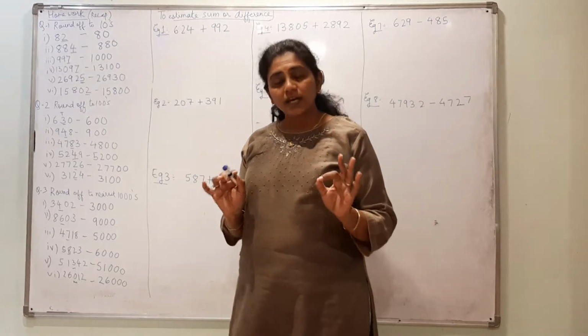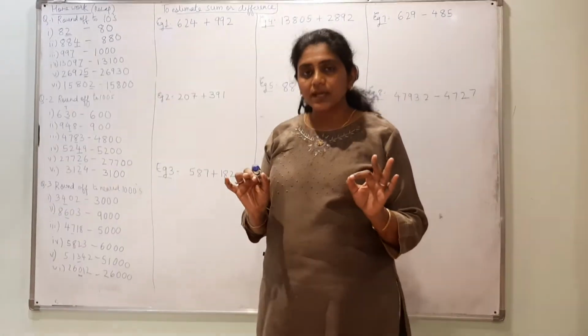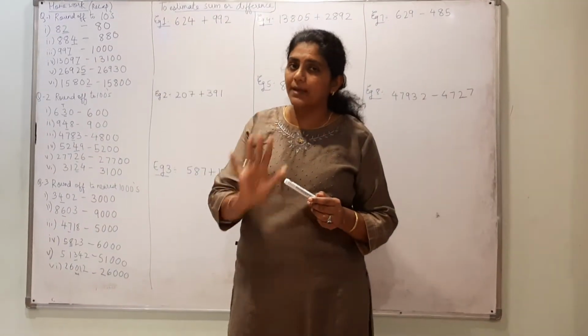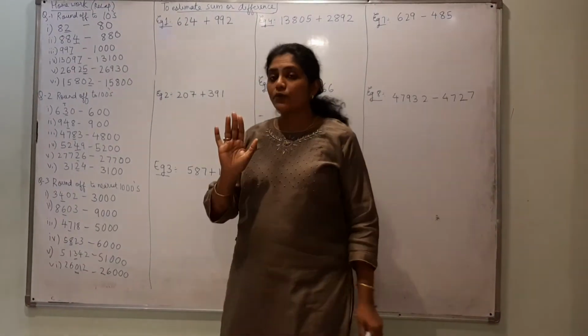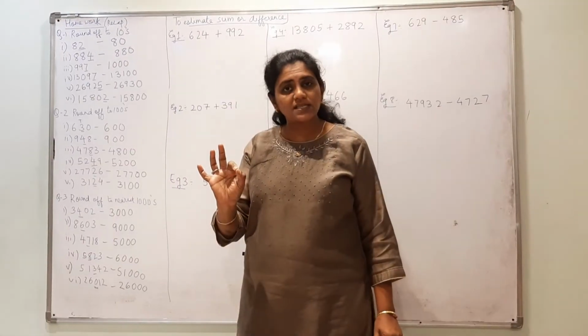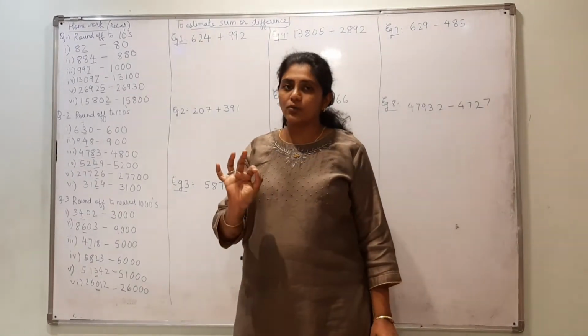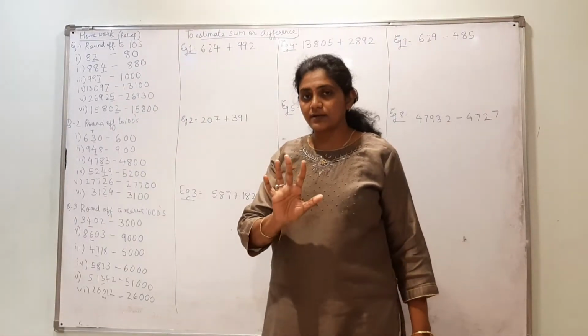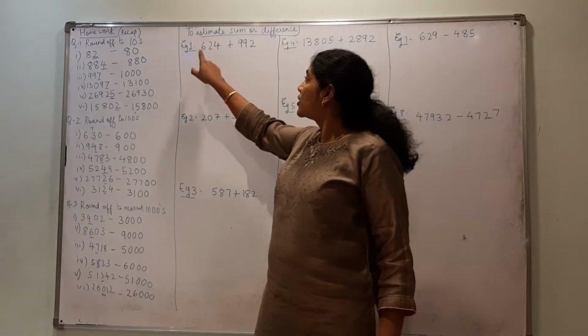But generally, you should think that you should round off to the maximum place. You follow that only. As there are 3 digits, the maximum place it can be rounded off is hundreds.